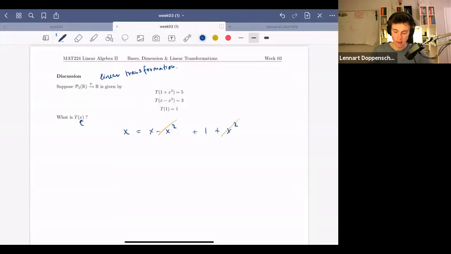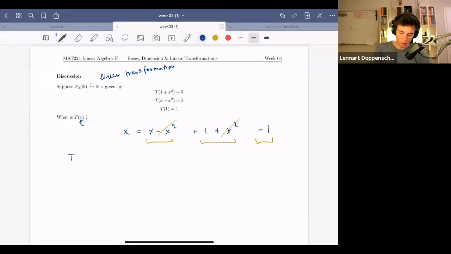But now we have an additional 1, so we can just subtract 1. So I've rewritten the polynomial x using different polynomials, and for each of them we know the value of t.